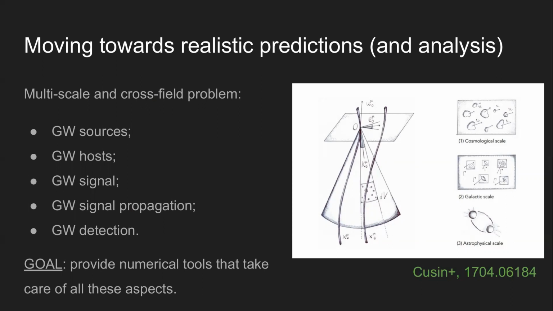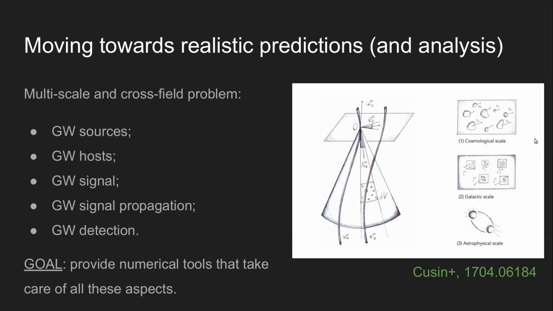And the fact is that when we deal with gravitational waves, we really have what I call a multi-scale and cross-field problem. Because if you want to be in this business, you have to worry about a lot of different things which are not directly related to cosmology.